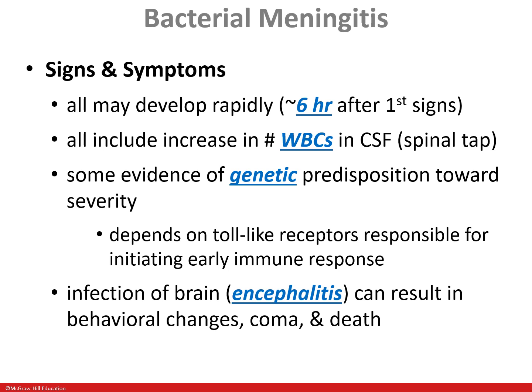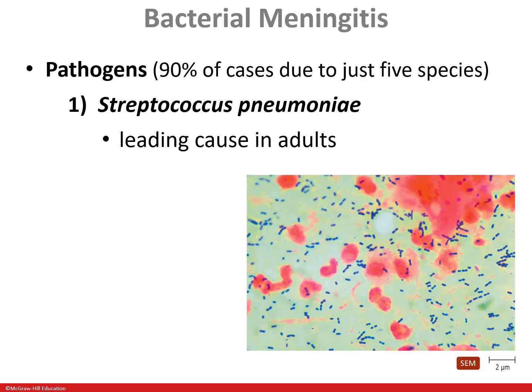And if those meninges get infected to the point where the bacteria can get deeper, then it can become encephalitis. Untreated meningitis can become very severe, and depending on what part of the brain gets infected, it could just result in behavioral changes, or it could lead to coma or death if it gets to the brain stem.